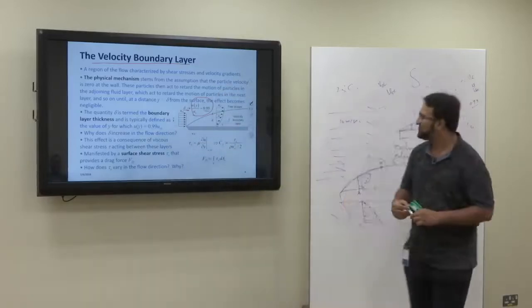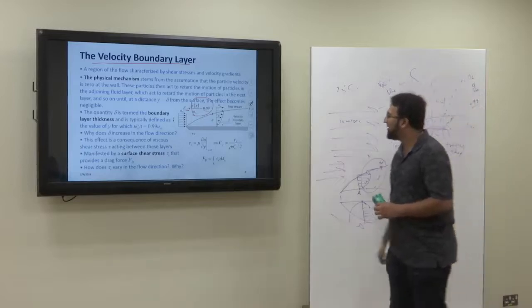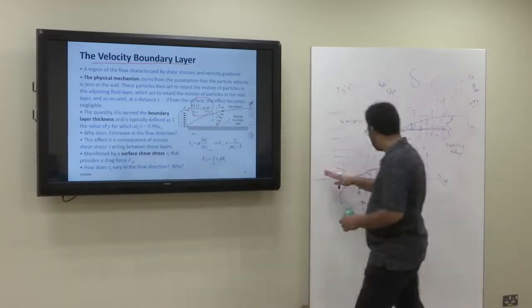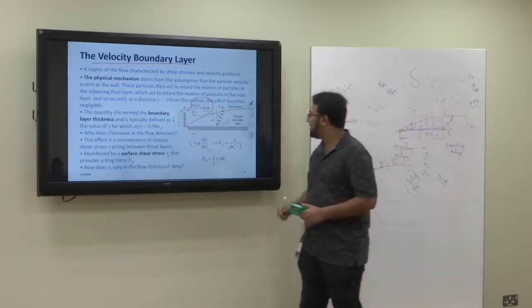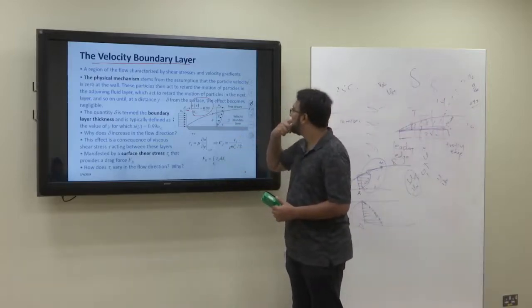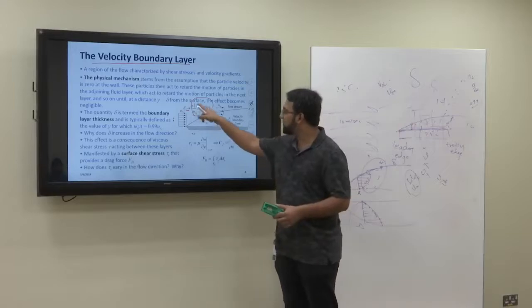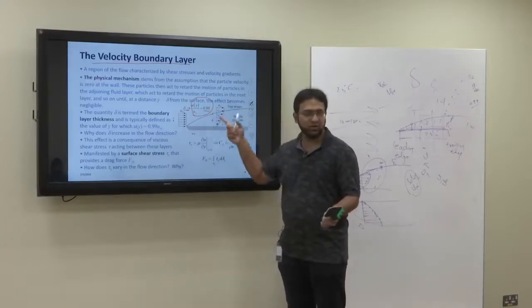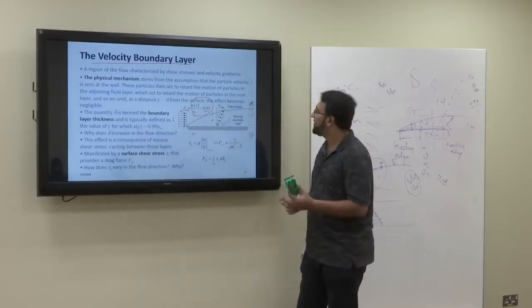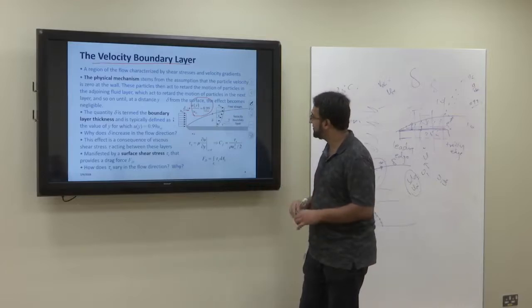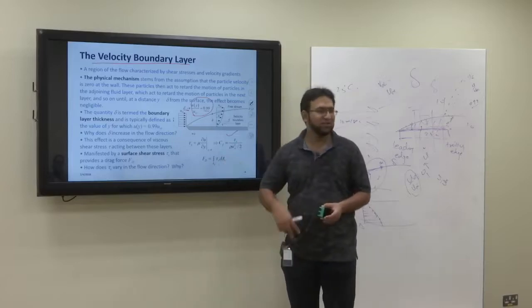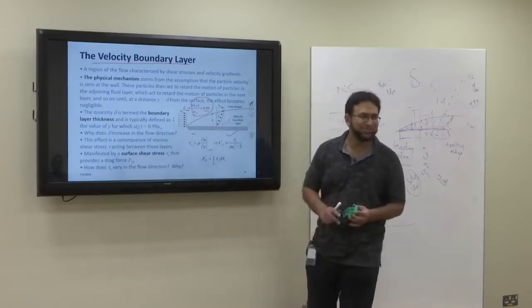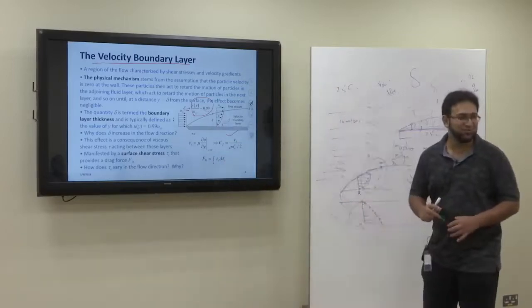Anyways, we have the free stream. Above we have all the free stream. This is the boundary layer region. This is delta. Delta is determined at u upon u infinity equals 0.99. I think I have explained everything here. These formulas you have gone through in fluid mechanics many times, so we don't need to go through them.